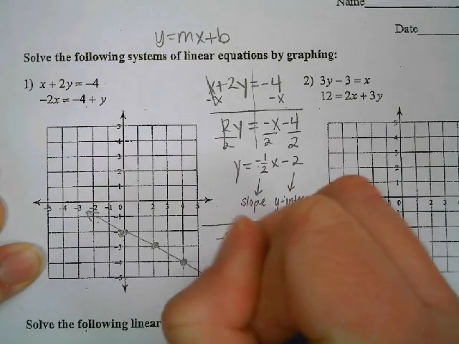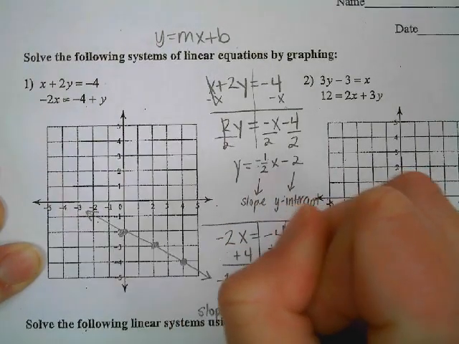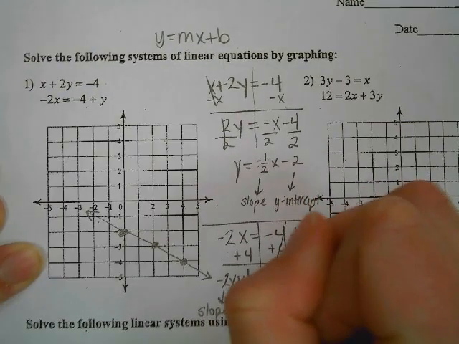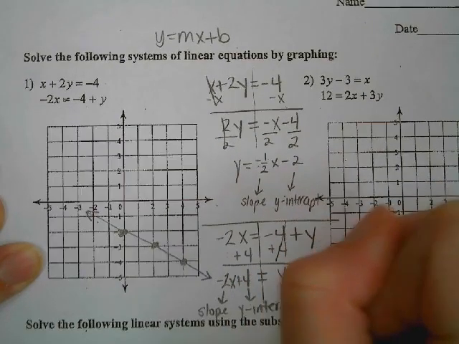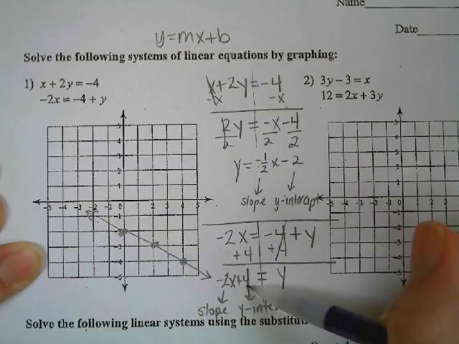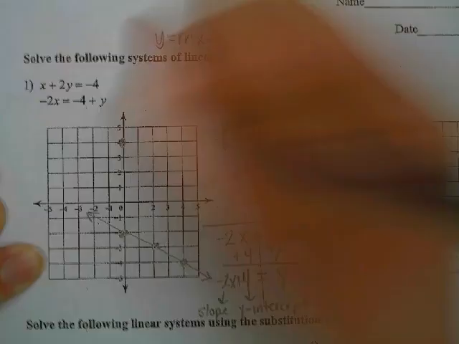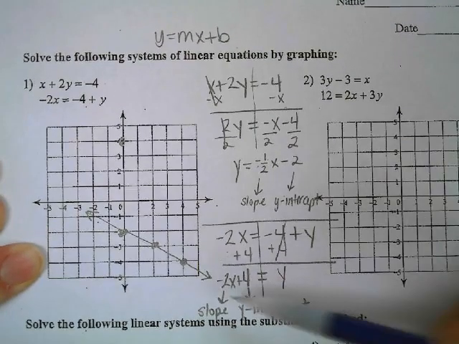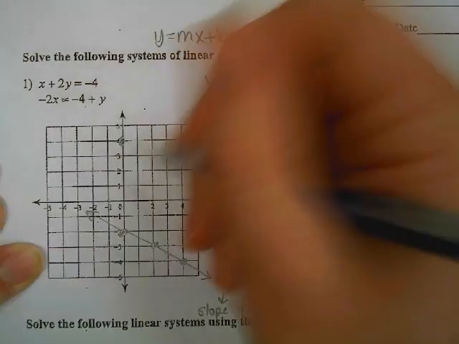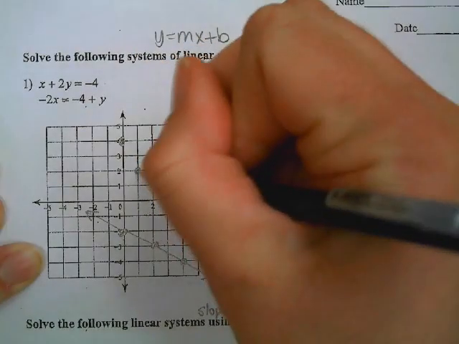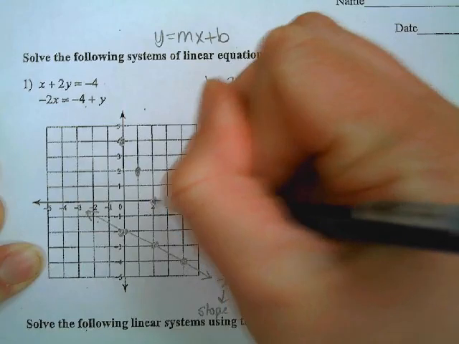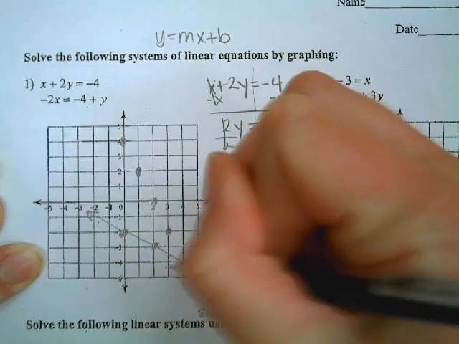So my slope is negative 2, and 4 is my y-intercept. So I'm going to start at my y-intercept, which is 4. And since my slope is negative 2, I'm going to go down 2 over 1.